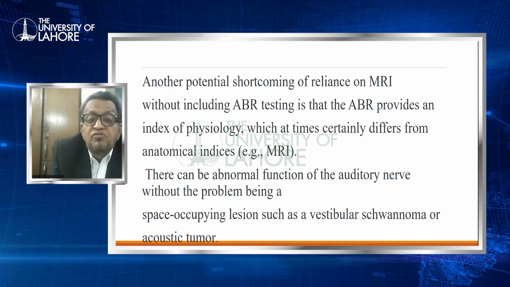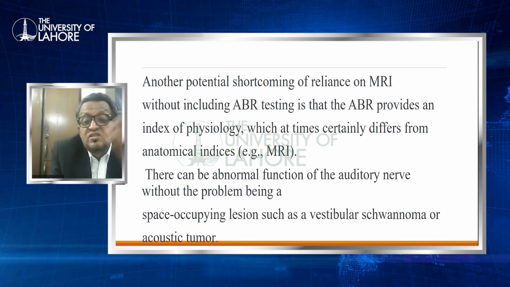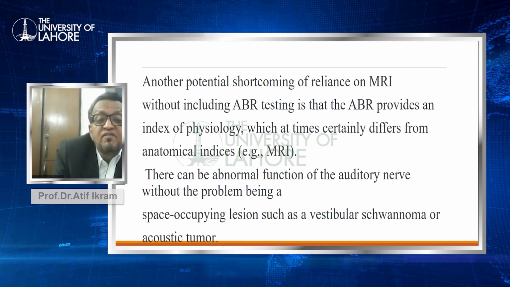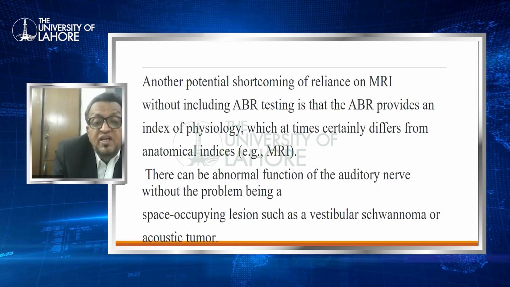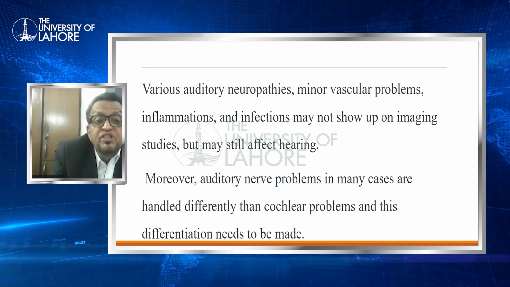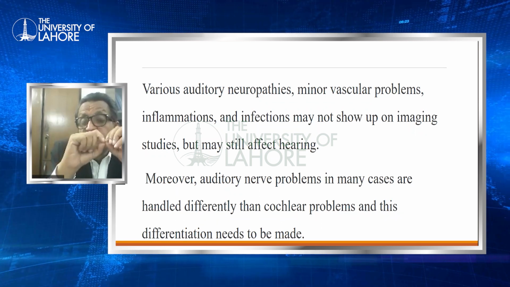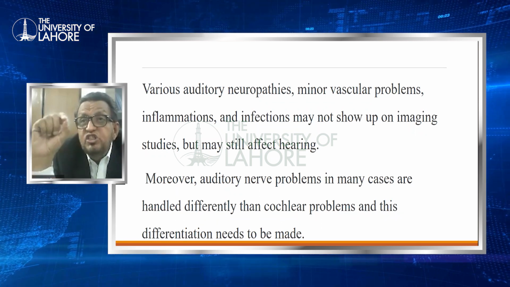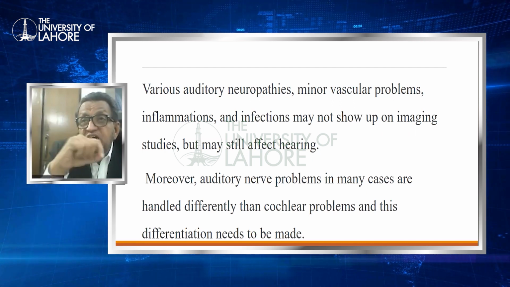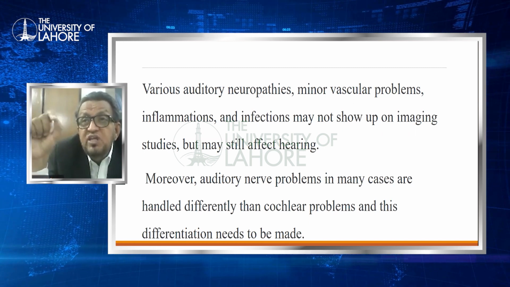There can be abnormal function of the auditory nerve without the problem being a space occupying lesion, such as a vestibular schwannoma or acoustic tumor. Okay? Besides that, there are other things like auditory neuropathy. So auditory neuropathy is just like a current passing through a wire which is shorted. So what happens is the current is passing, but it gives a sound like a simmering sound.